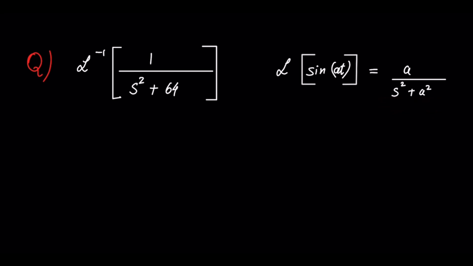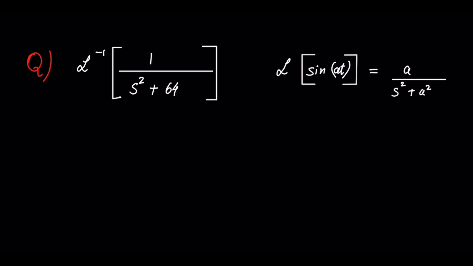We can see that we have 64 in the denominator, whilst it is a squared here. The a is a constant, so we will be equating a squared equals 64, and taking the square root, we get the value of a equals 8. But we are missing 8 in the numerator. So like we did in the previous example, we will multiply 8 in both numerator and denominator.